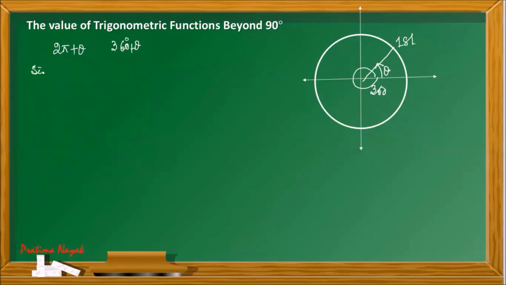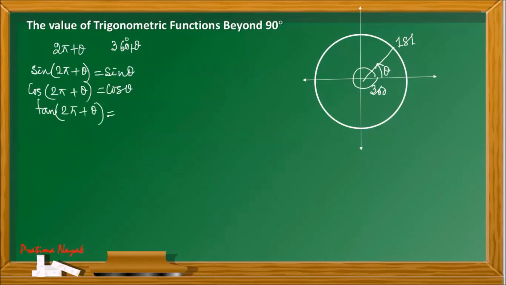So sine 2 pi plus theta is sine theta, cos 2 pi plus theta is same as cos theta. And so on. I am not writing all the terms. 2 pi plus theta is also tan theta.